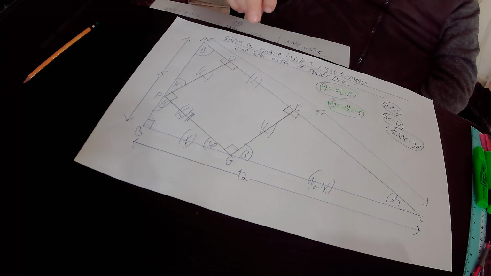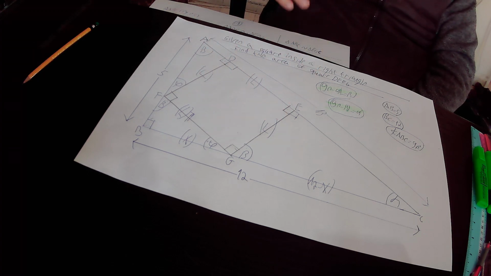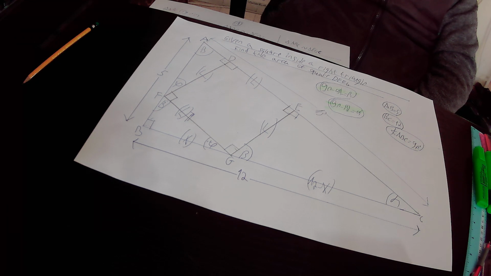And for that reason, those 4 right triangles are similar to each other according to the angle similarity rule, because they have the same angles, alpha, beta, and 90 degrees.